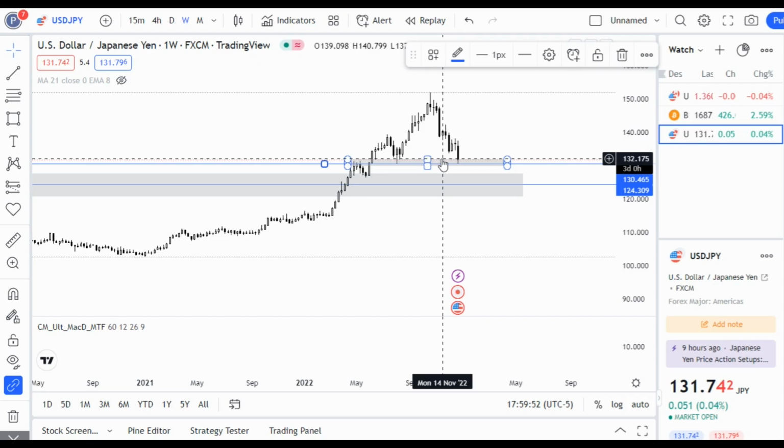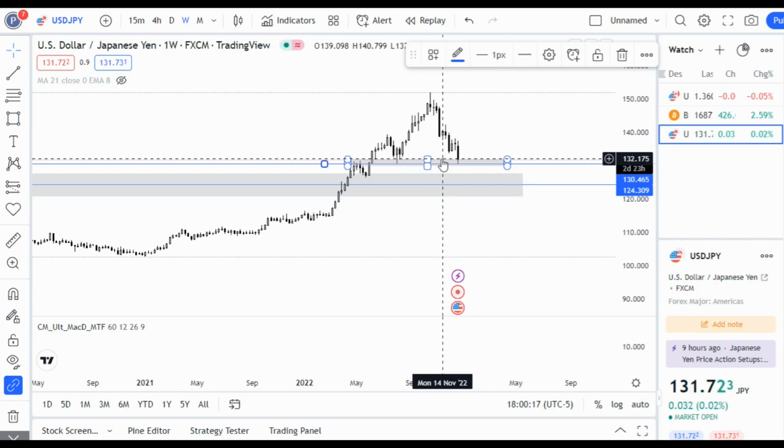The secret here is to consider the time frame and also the market structure. And finally, the most important secret is drawing a support and resistance level as a zone, not as a single line. So this is all about drawing an effective support and resistance level.